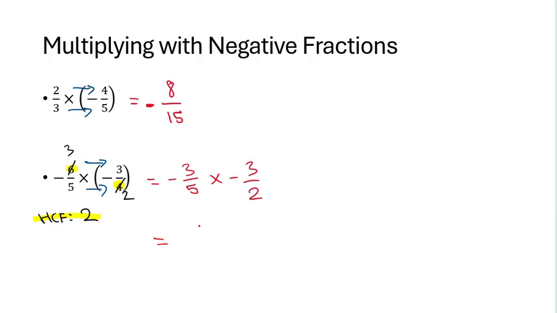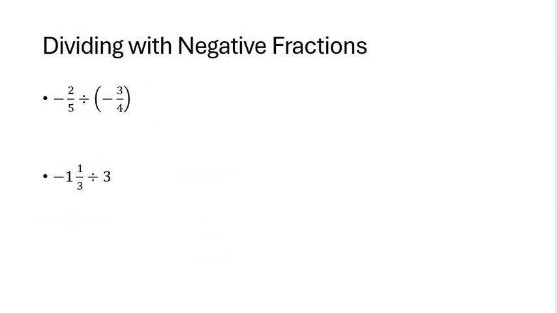Now 3 times 3 is just 9. 5 times 2 is 10, like so. And because I got two of the same signs being multiplied together, I end up with just a positive fraction. Negative fractions here. Let's have a look. So let's see here.